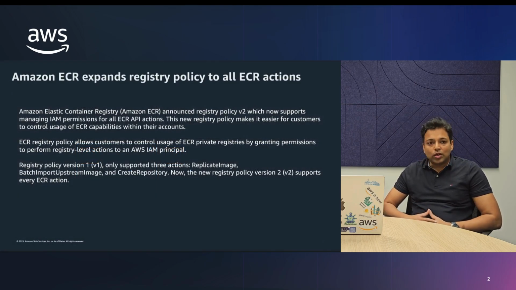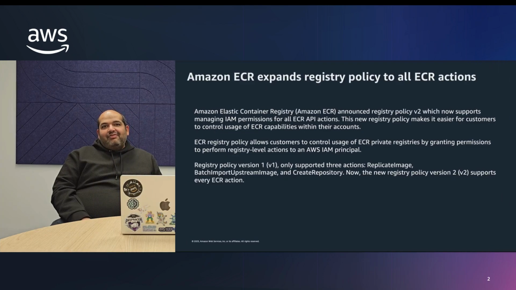With that, next one. All right, so next one we have Elastic Container Registry. Elastic Container Registry is a managed service which allows you to store both private and public container images on AWS, and these images are stored in a secure, highly resilient way. Now, in order for you to manage which team has access to which image, we had registry policies, version 1.